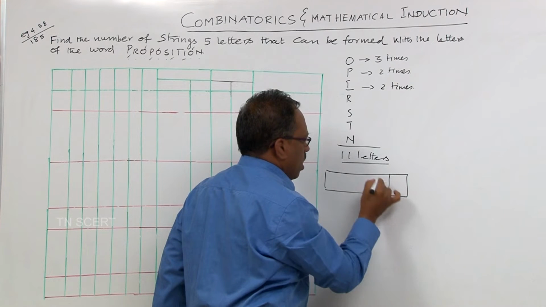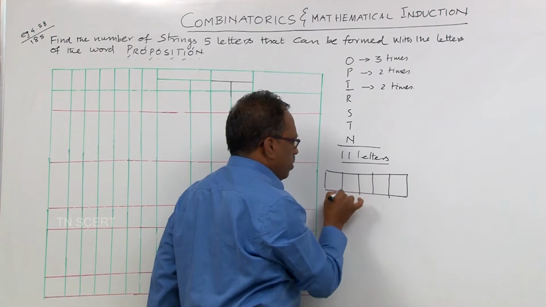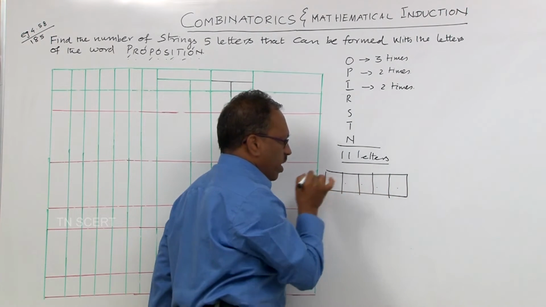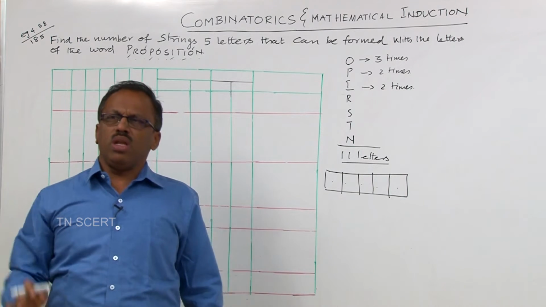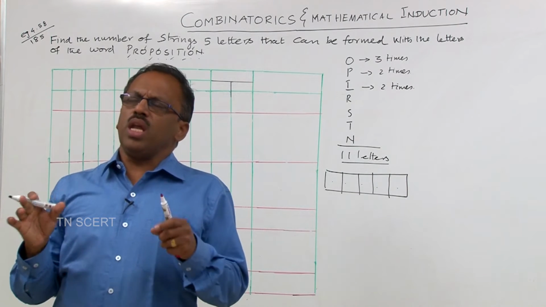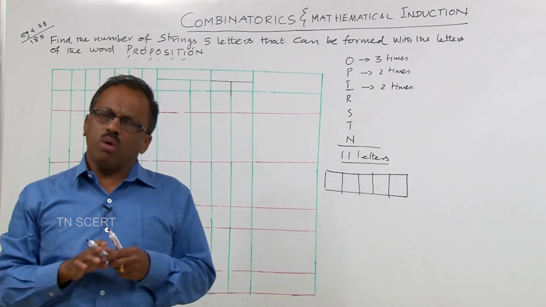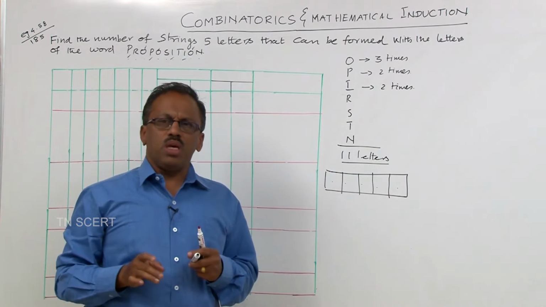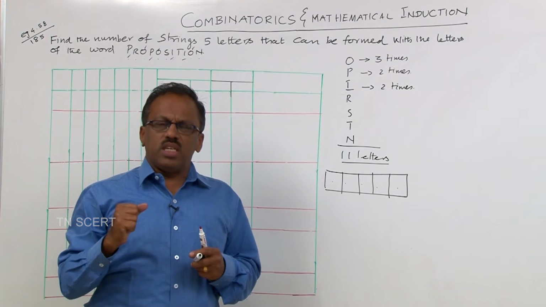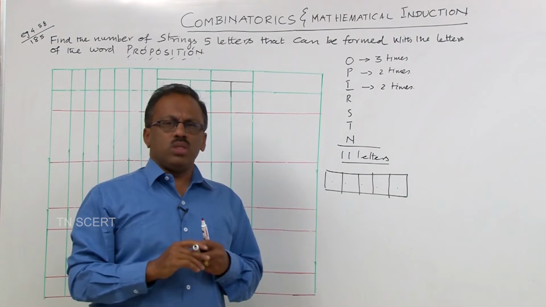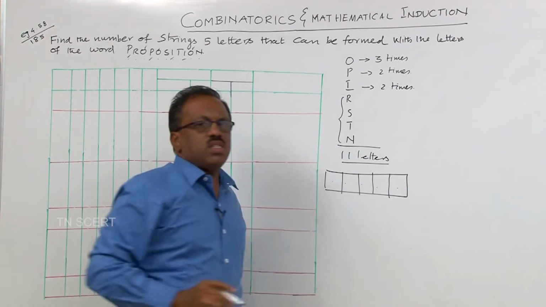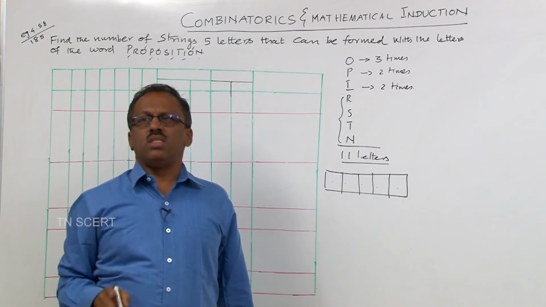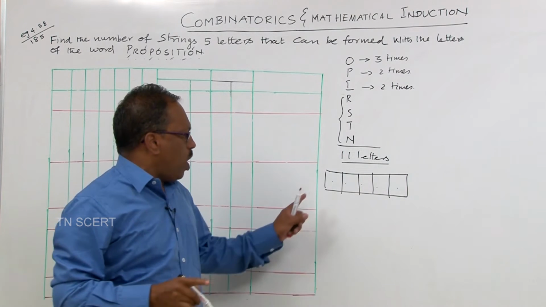So here, 1, 2, 3, 4, 5. Whether it has meaning or not, it is not necessary. That means any letters can be used. These are the 4 letters that come only once, so they could be placed here.